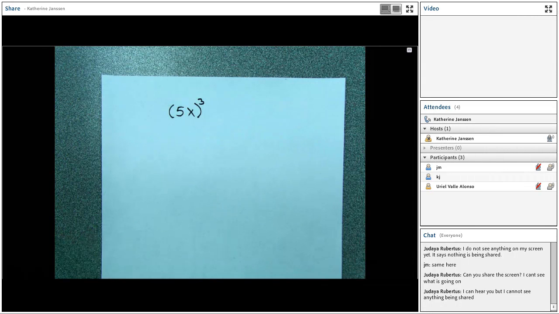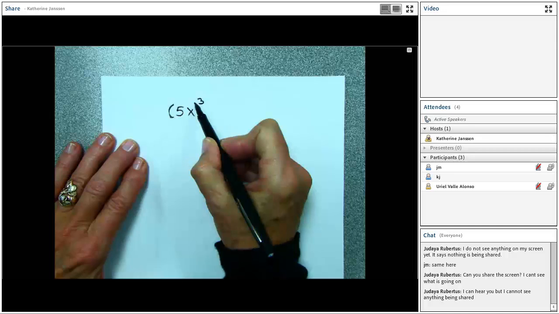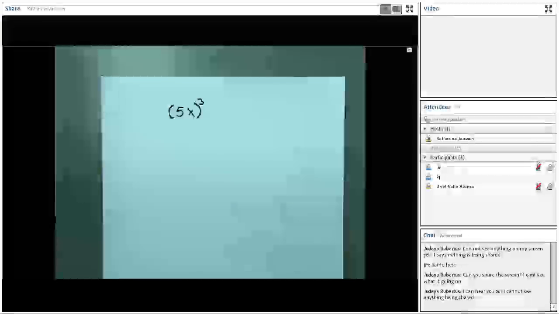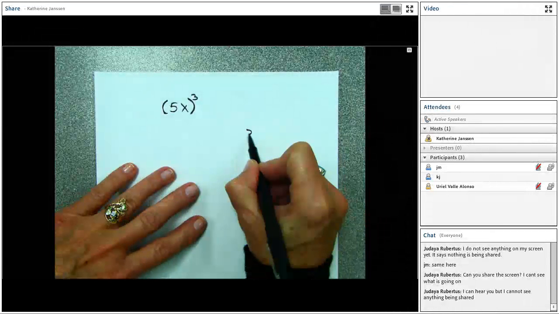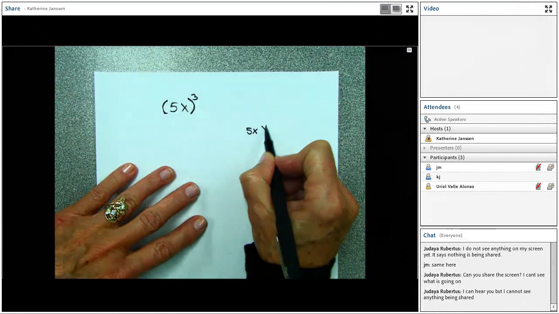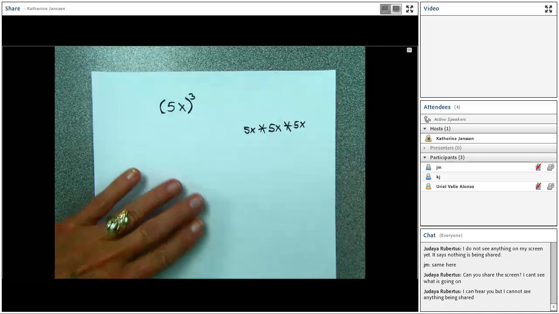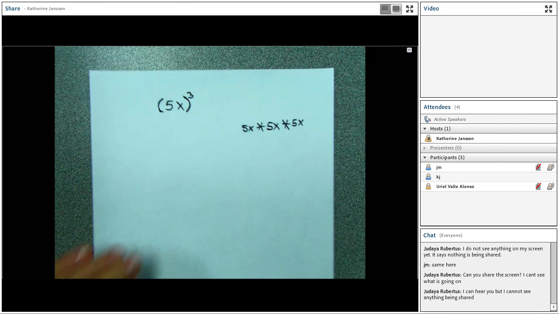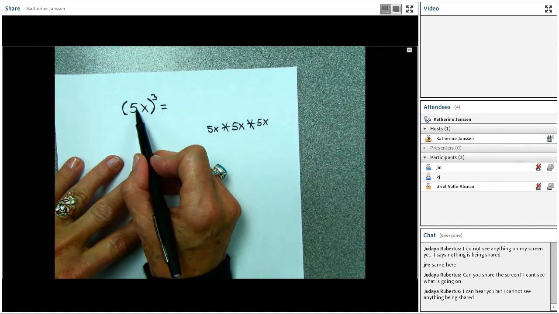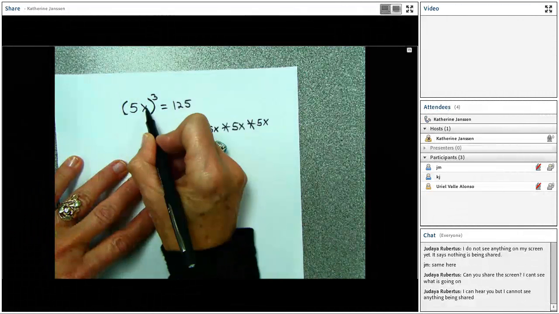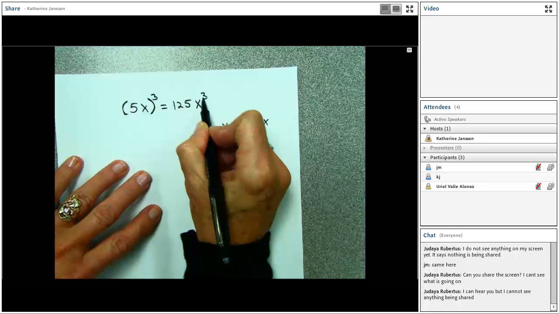Okay. We have the quantity 5x raised to the third power. We have a clue. Our base is 5x, the quantity cubed. So that means I have my base times itself 3 times. 5 cubed is 125, and x cubed is x cubed.